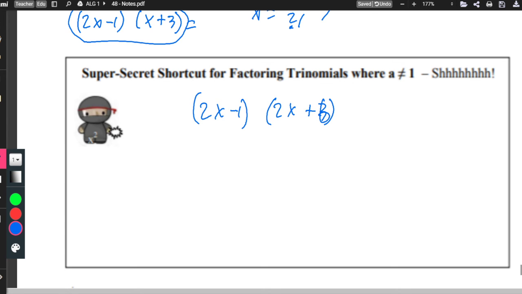We divide both, and we'll get x minus 1/2 and x plus 3. This is a more simplified version of our factors. So we get x equals 1/2 and x equals -3.